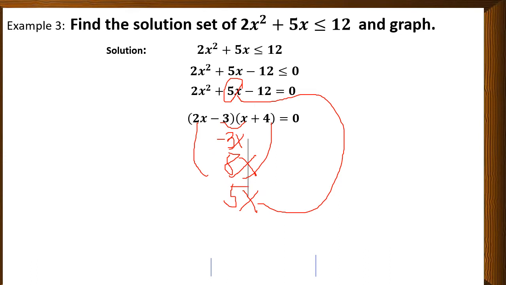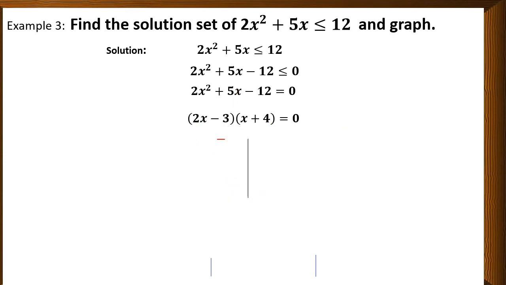So now we're going to equate each factor with 0. So we have 2x minus 3 is equal to 0, and the other one is x plus 4 is equal to 0. So for x, negative 3 will be transposed to the right side, and it becomes positive 3. And we're going to divide both sides of the equation by 2.